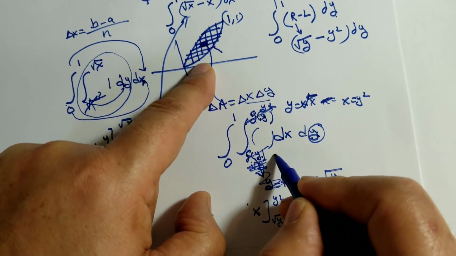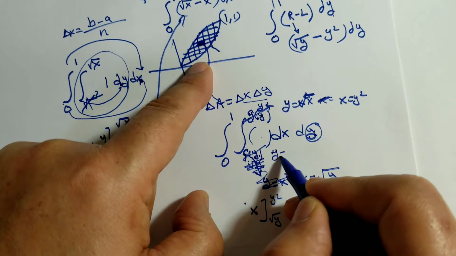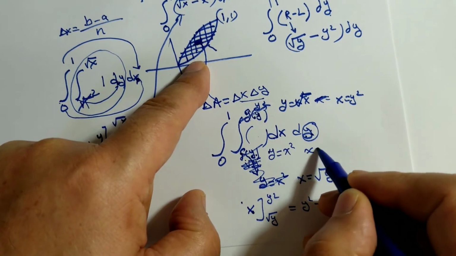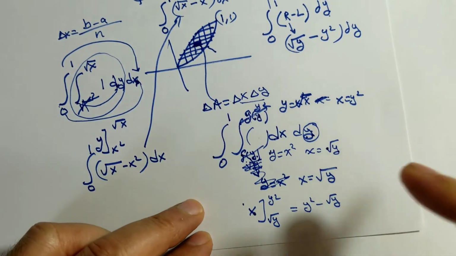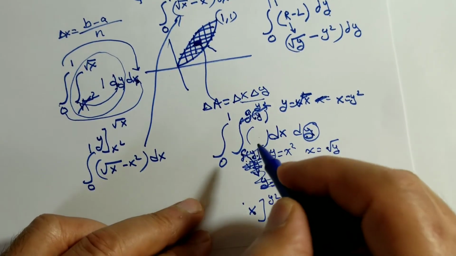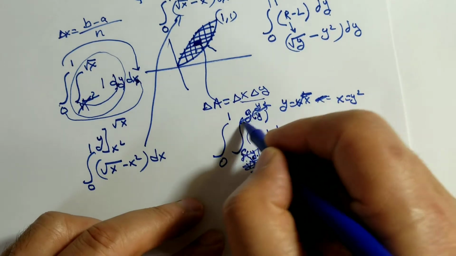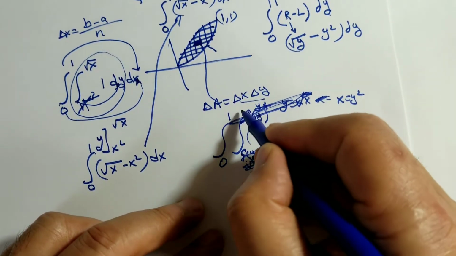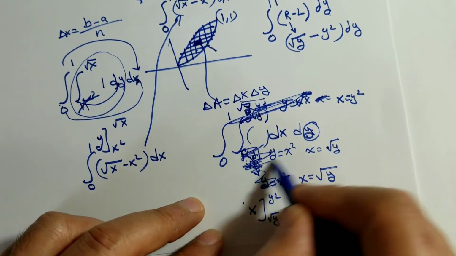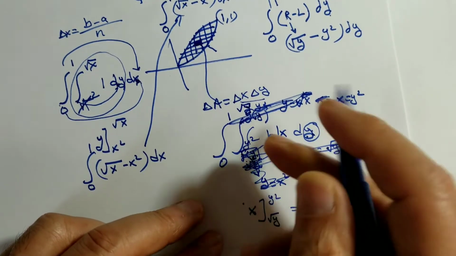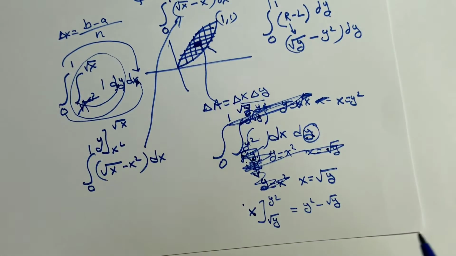And no, I didn't make a mistake. Your right is here y equal to x squared, x equal to a square root of y. Okay, that's your right. Your right should not be written in the bottom. The right should be on the top. Therefore, the top should become a square root of y, and the bottom should become y squared. I made a mistake on the top and the bottom.